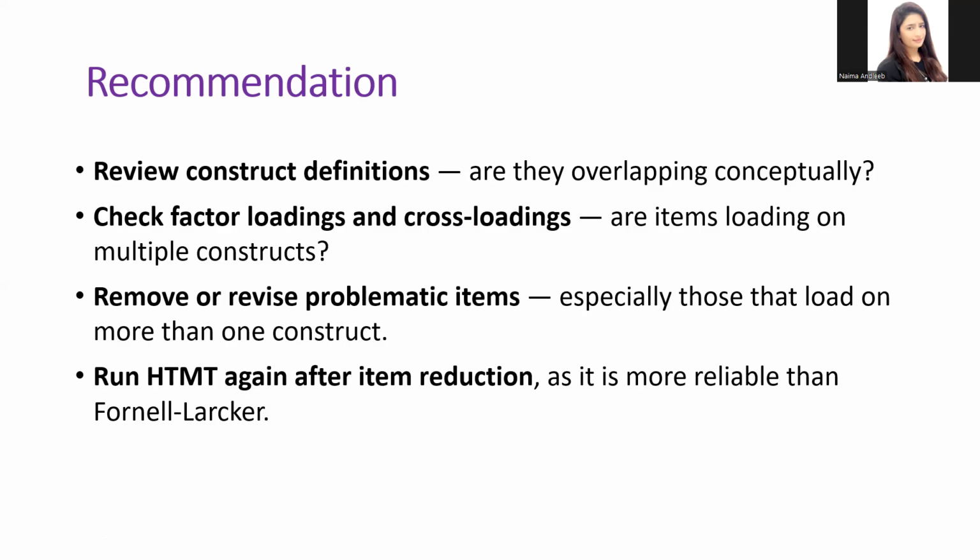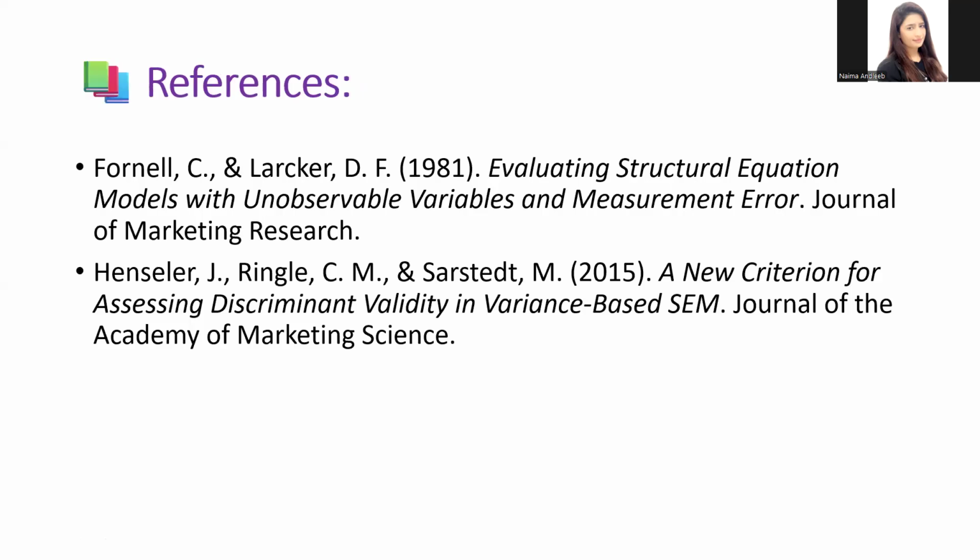Then run HTMT again after item reduction, as it is more reliable than Fornell-Larcker. These are the references: Fornell-Larcker 1981 and Henseler 2015 for discriminant validity, HTMT.